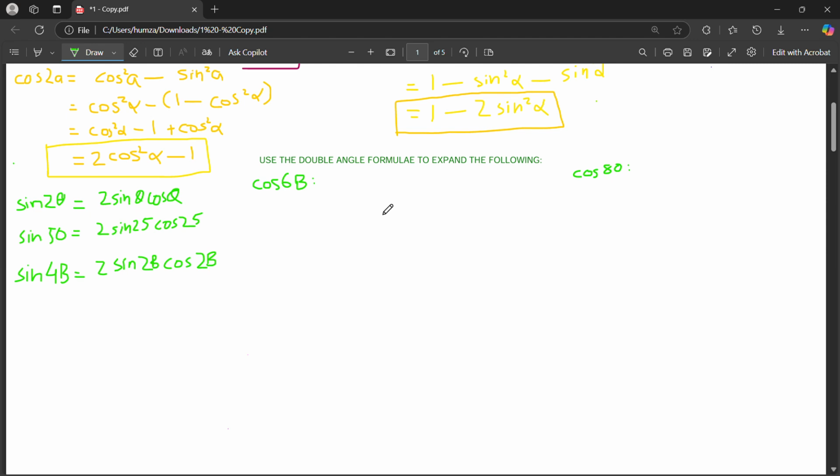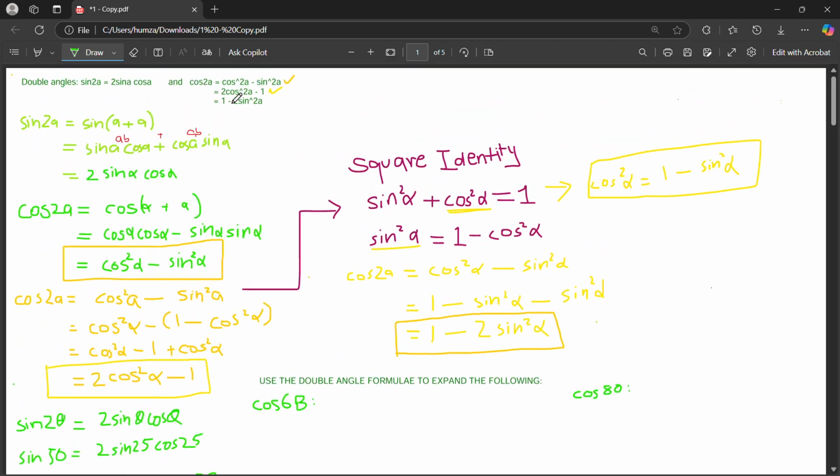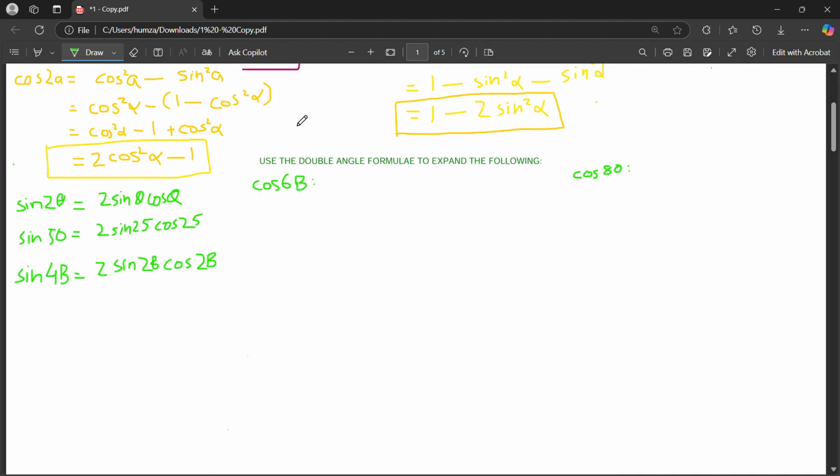Now because for cos we have three different rules or three different formulas, we can use them for cos 6b. We can say this will be equal to, using the first rule, cos squared 3b minus sin squared 3b.